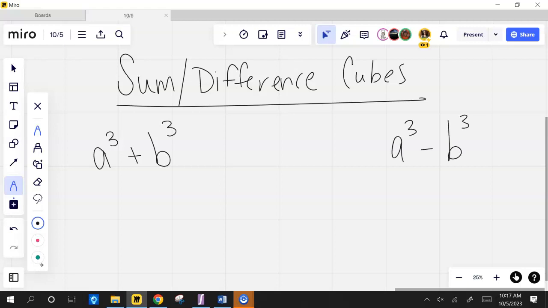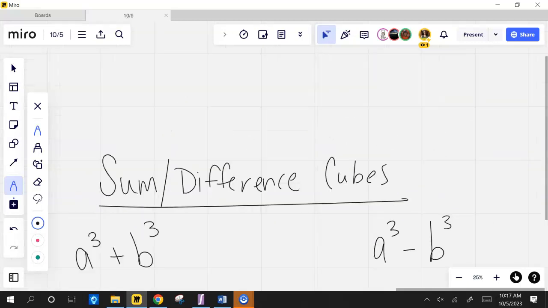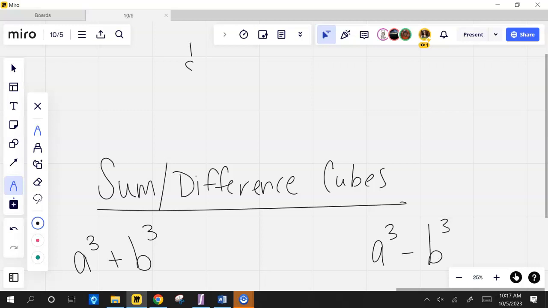So you're going to have to be able to recognize perfect cubes. Numbers like 1, 8, what's the next one? 27, 64, that's exactly right.